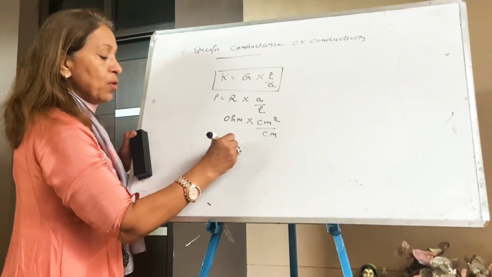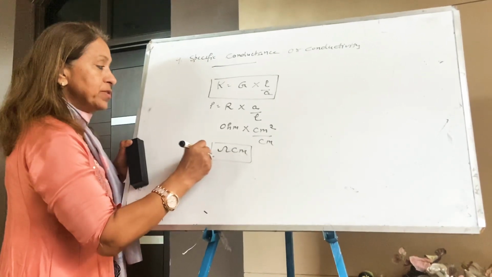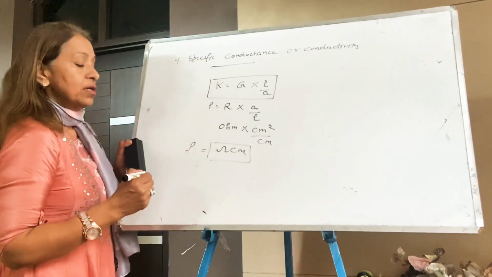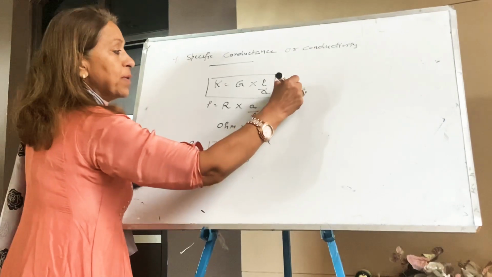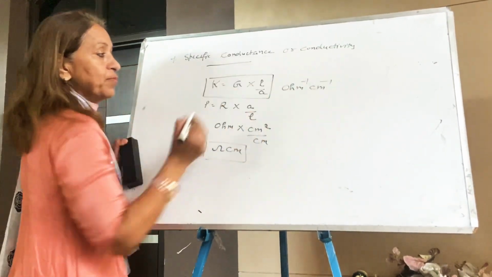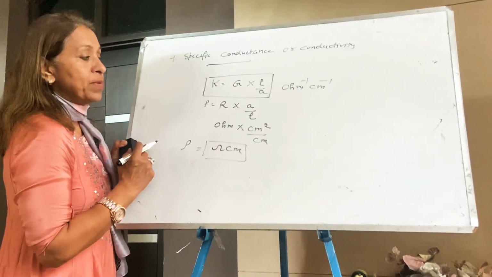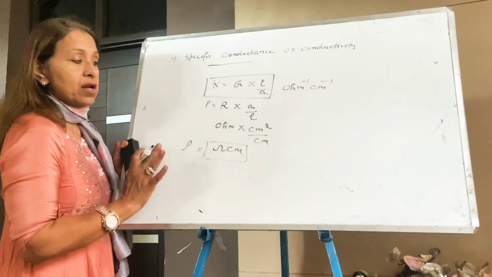So the unit of resistivity is ohm centimeter. The unit of conductivity is per ohm per centimeter, because it is the reciprocal of resistivity. I think it's clear now.